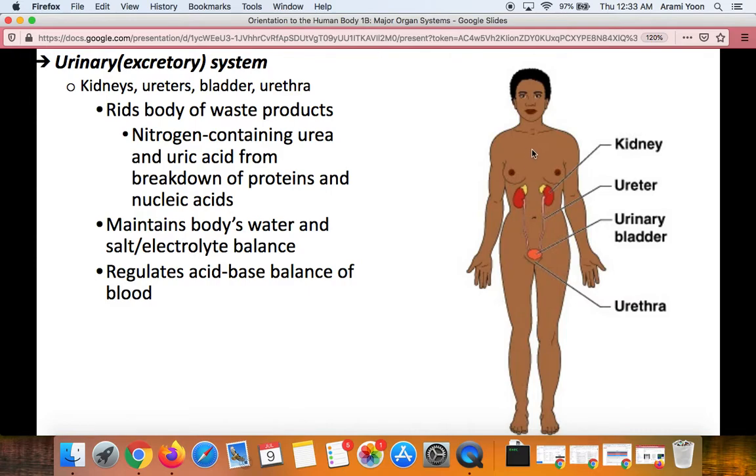But if you want to just limit it to the production and excretion of urine, then this system would include the kidneys, the bladder, and the ureters, which are these pipes that lead from the kidneys to the bladder, as well as the urethra, which is the pipe that leads from your bladder to the outside.